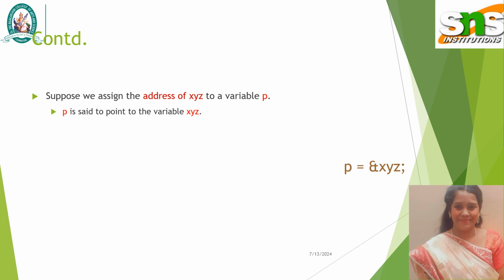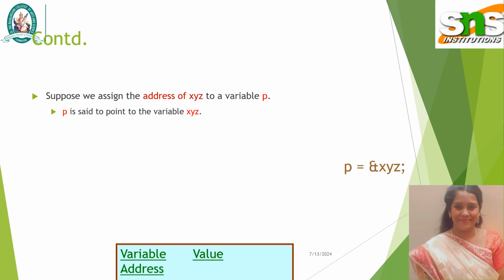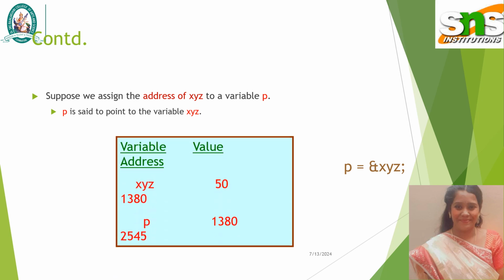It means that the address location 1380 will be stored in the variable p. So xyz is holding the value 50, the address is 1380, and this address 1380 is passed to the variable p. The p has its own location, which is 2545. I think you are clear.